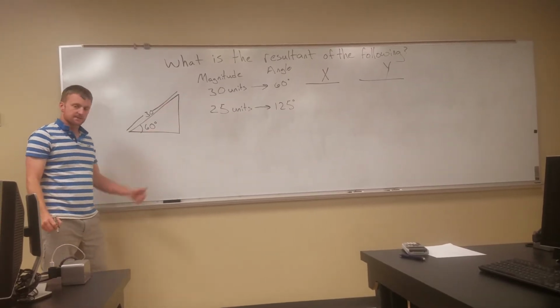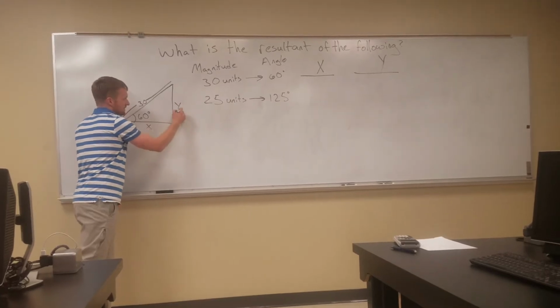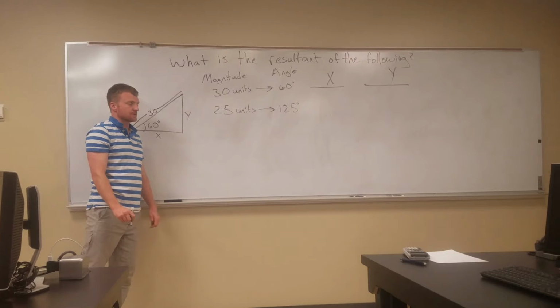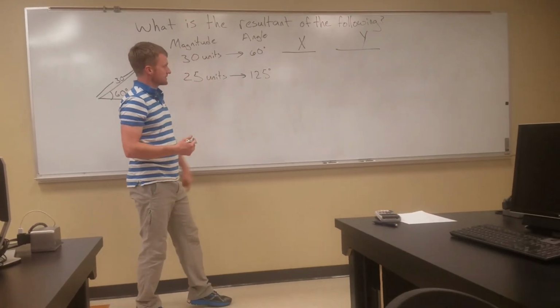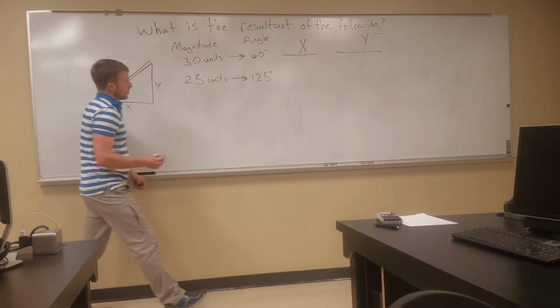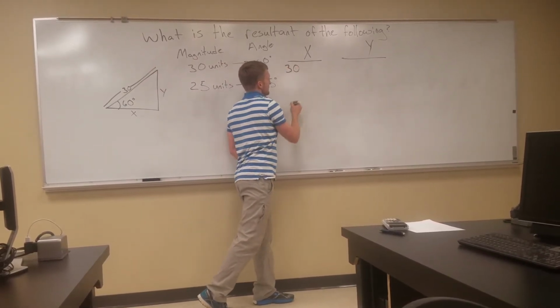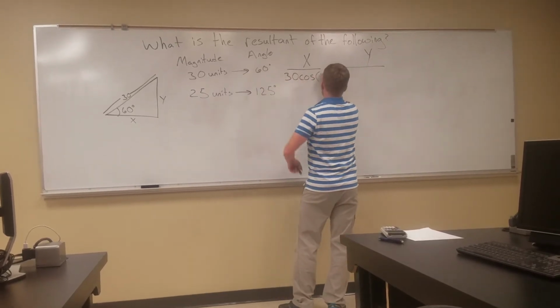I'm just going to draw this example for this one. This would be the x component and this would be the y component, okay? Same thing with the 25 units. So, here we go. Let's find out how to do this. For the x, 30 units would be 30 cosine of the angle, 60 degrees.